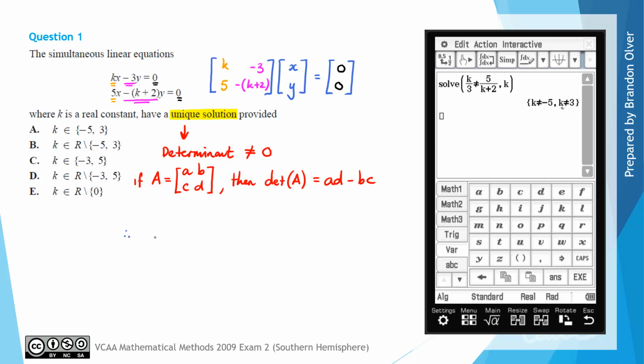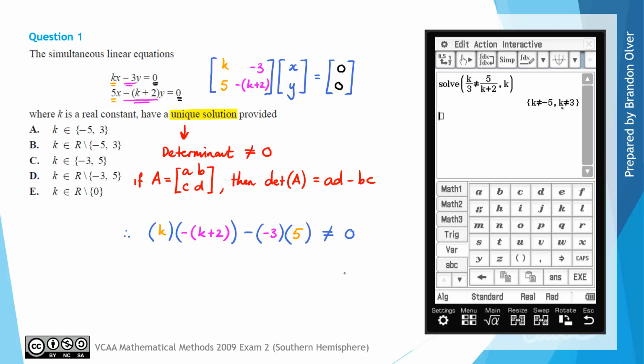So for this question, we're going to take a, which is actually k in the matrix that we have above. We're going to multiply that by d, which is the negative bracket k plus 2. And then we need to subtract away from that b times c. And here we have b is negative 3, multiplying the c value of 5. And we want to solve that not equal to 0.